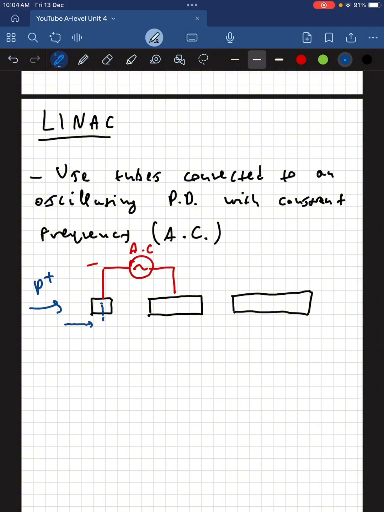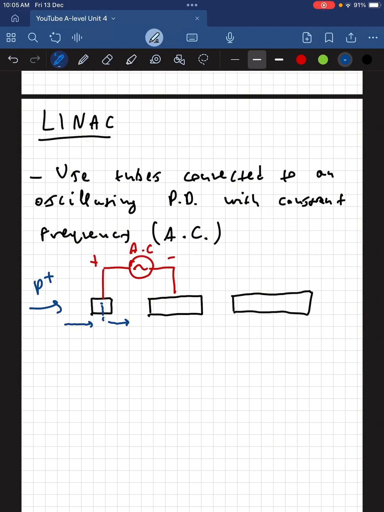Now immediately after the proton makes it halfway through the first tube, we switch the polarity, because this is an oscillating potential, so we flip the polarity and make it positive. And then consequently this will become negative. Why do we need to make it positive? So that it pushes the proton away from the first tube and towards the second tube.